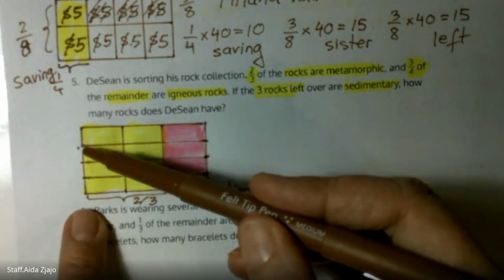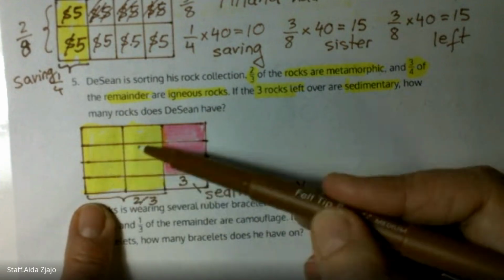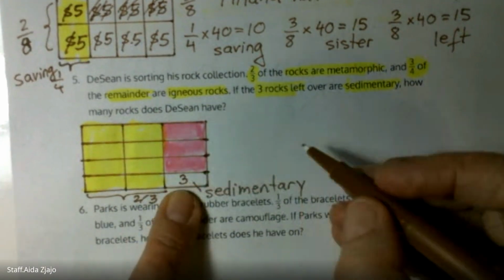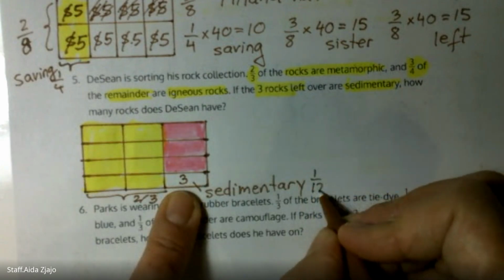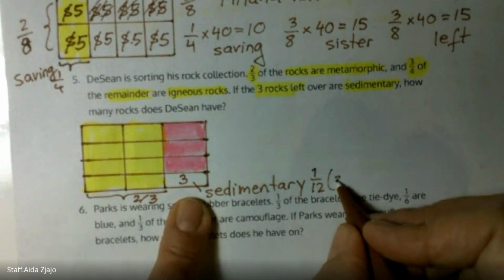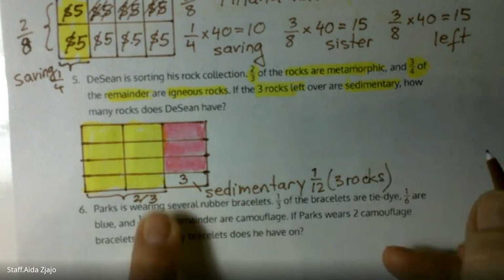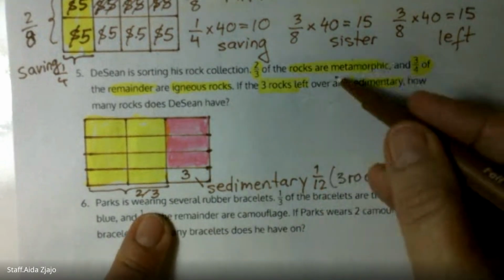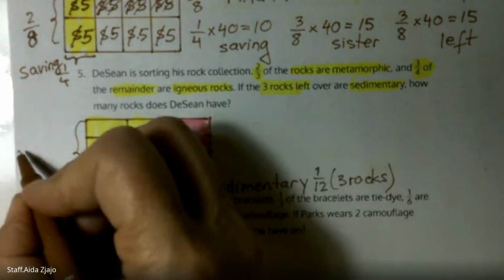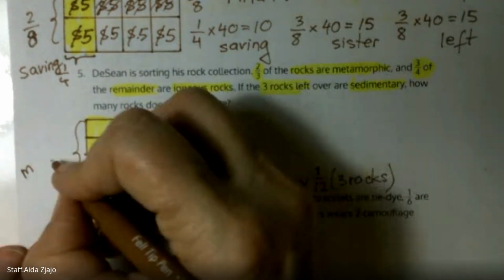So now we know how many smaller pieces there are. So we think 4 times 3, that's 12. 1, 2, 3, 4, 5, 6, 7, 8, 9, 10, 11, 12. So then 1/12 is 3 rocks. So then metamorphic are these.